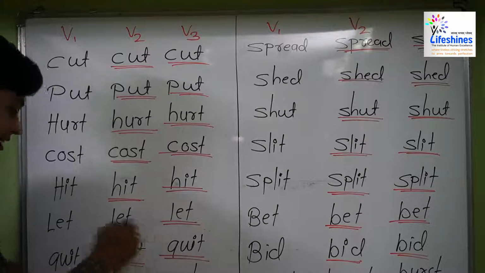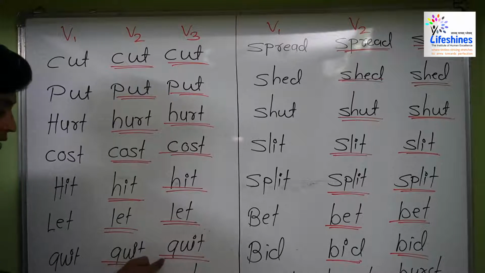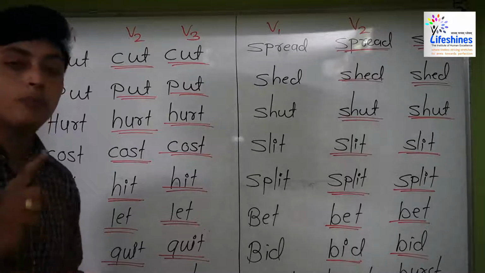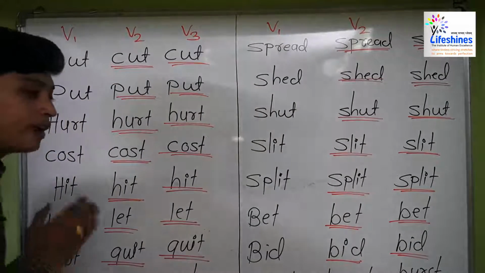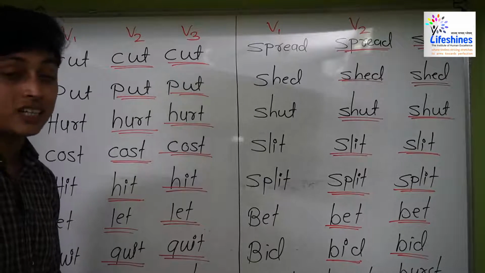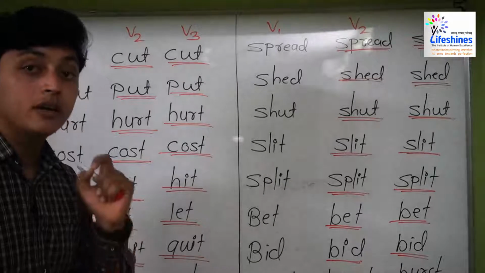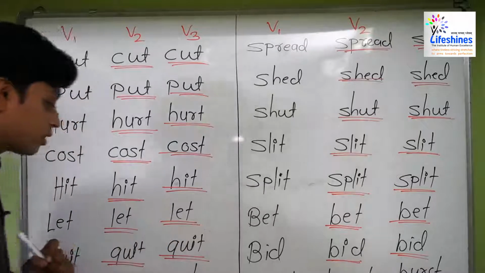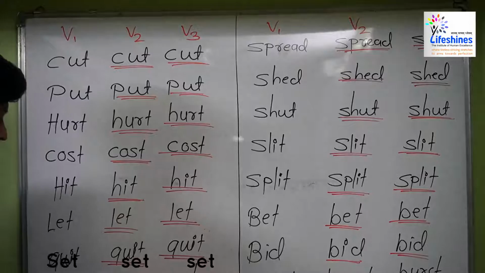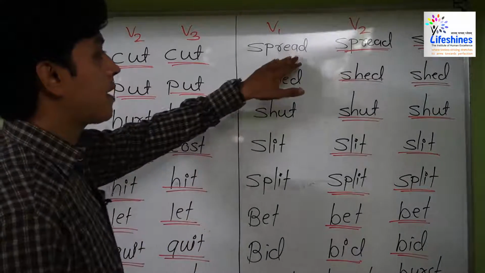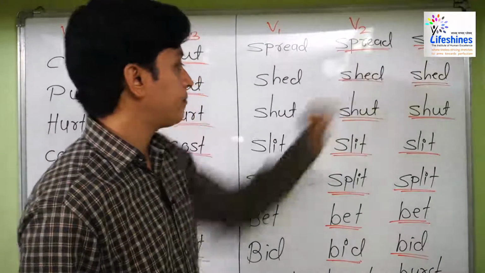Let, let, let. Quit, quit, quit. Here also people commit the same mistake. What do they say? I quitted the job. No, that's very wrong. Quit remains quit. So there will not be any change. So quit, quit, quit. Set, set, set. Spread, spread, spread.